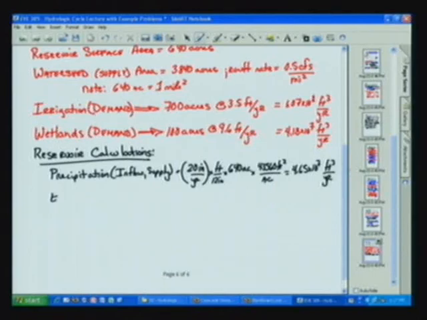And then we have our evaporation, which is an outflow. Outflow probably isn't the best way to phrase that. We should just look at that as a loss. Okay.